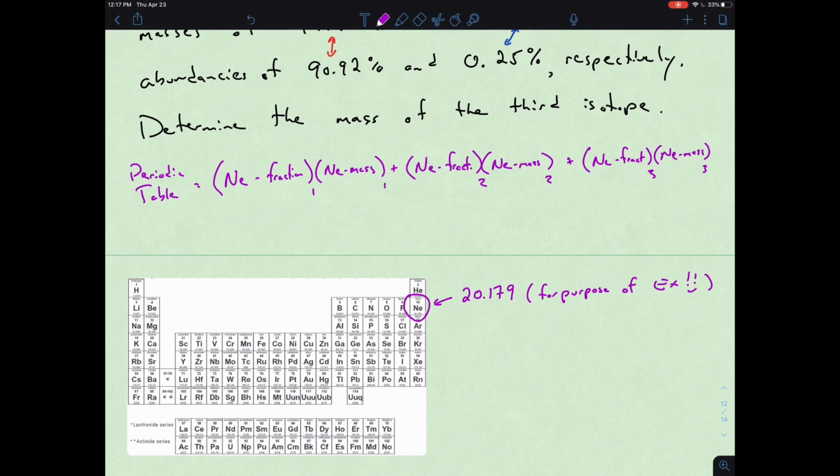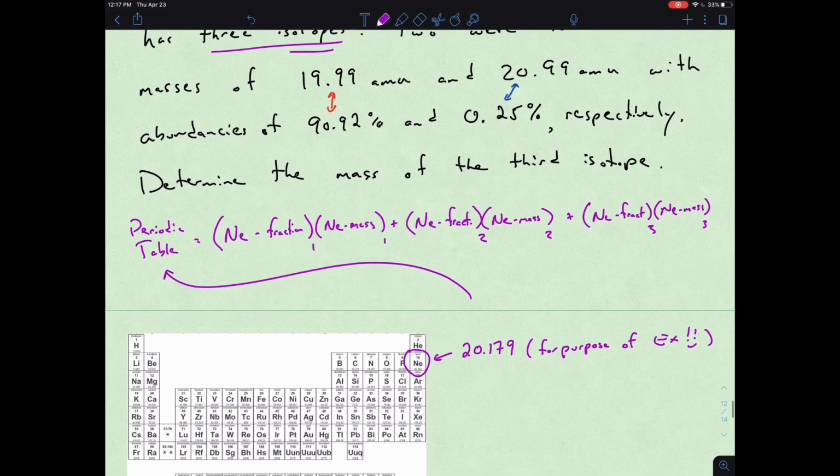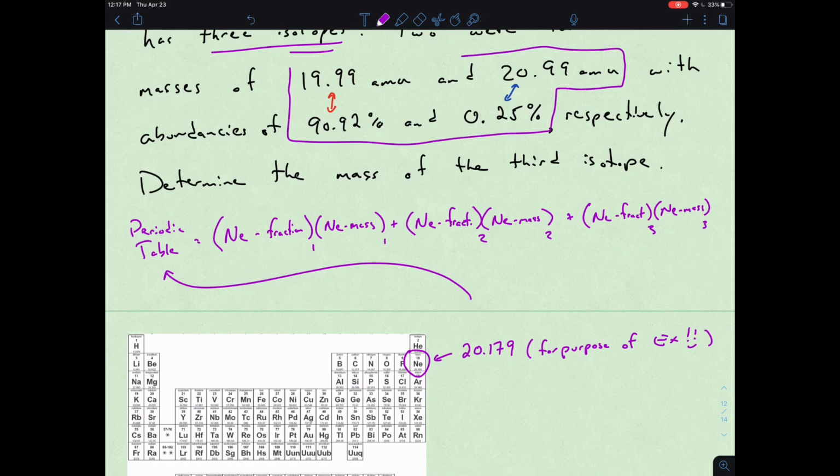So that's where we get the periodic table mass. And then looking above, we have all the other pieces to plug in. We have our percentages or our fractions, and we have our masses as well.